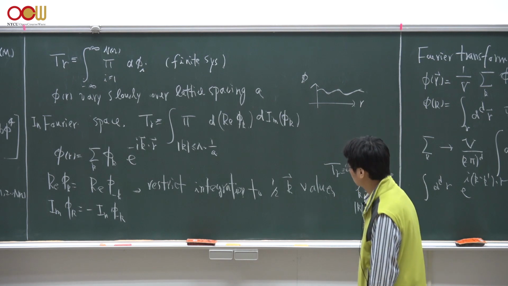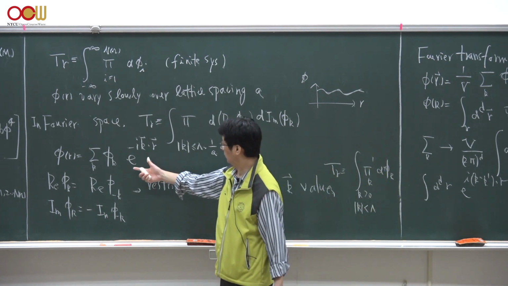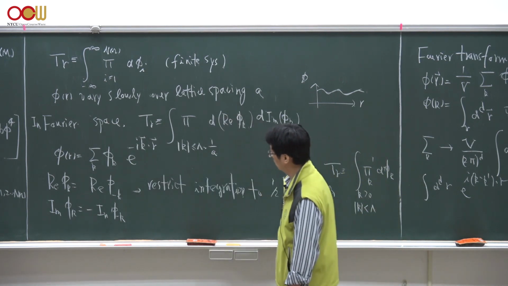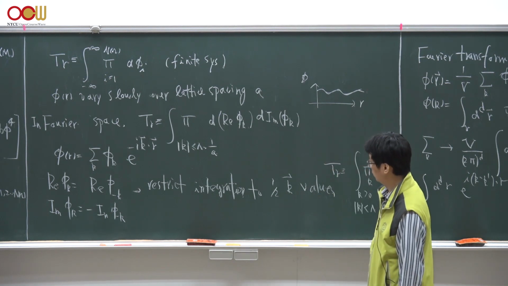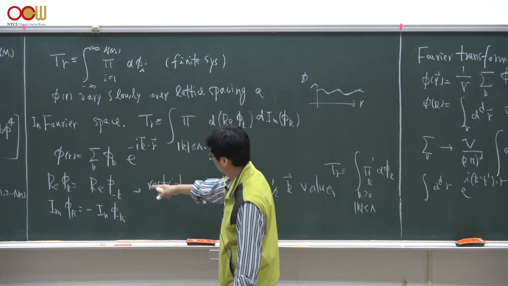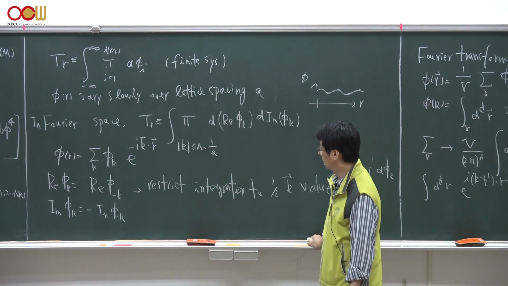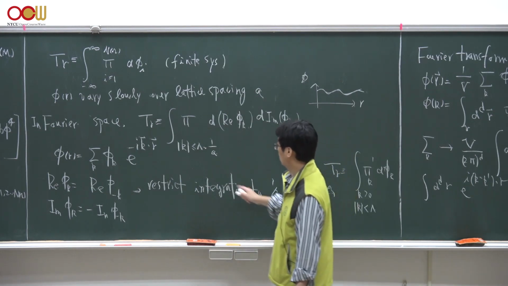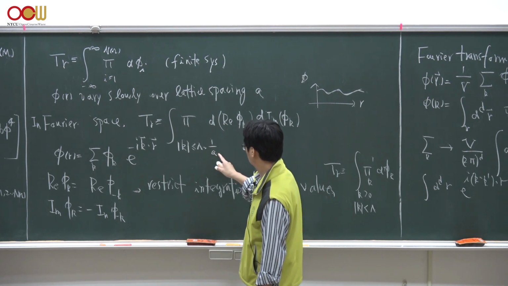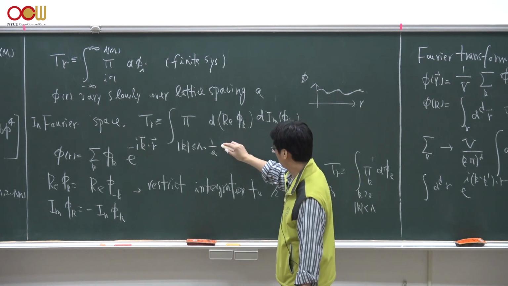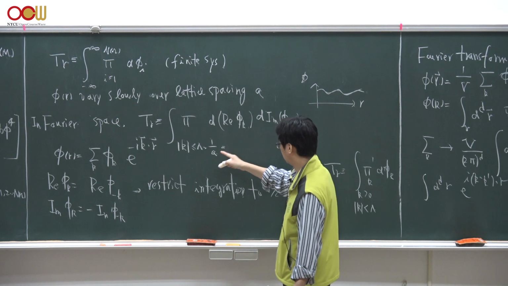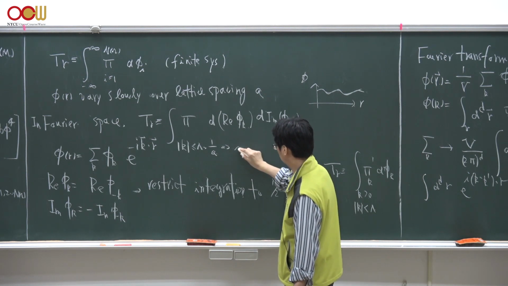To do so, we could simply perform the Fourier transformation of this order parameter, phi of r, to phi of k in k space or Fourier space, and integrate over the entire momentum k degrees of freedom, say from 0 to infinity, where the upper bound is 1 over the lattice constant, which goes to infinity.